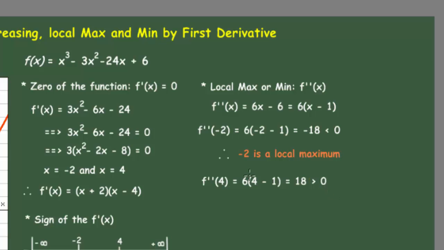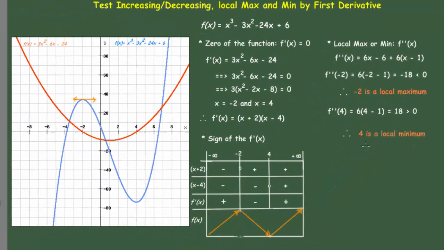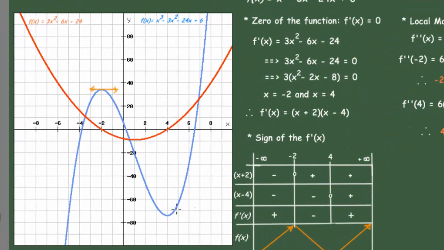It means that we're having a local minimum at this position, at 4. So we can say that 4 is a local minimum. And that's what we got here. We can just see that on a graph: minus 2 is a local maximum, and 4 is a local minimum.